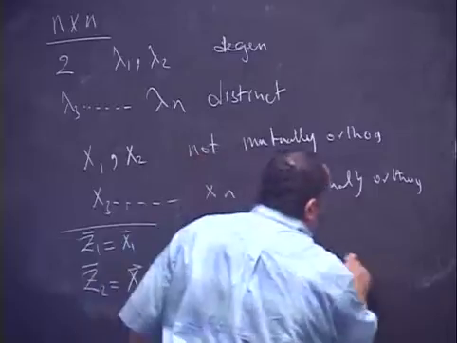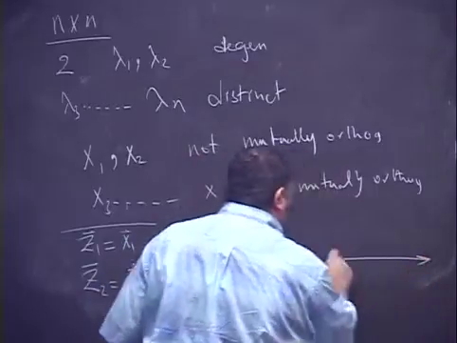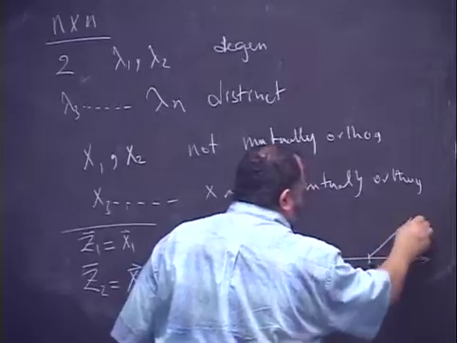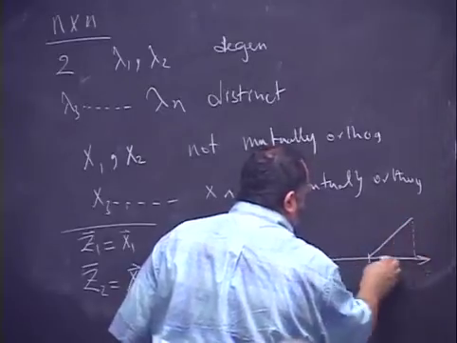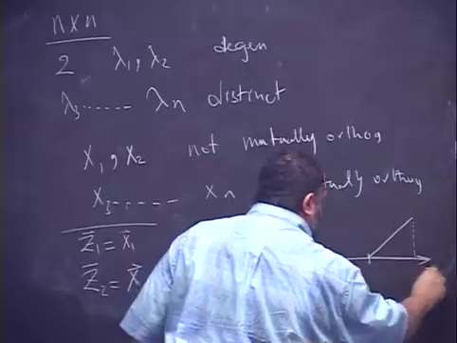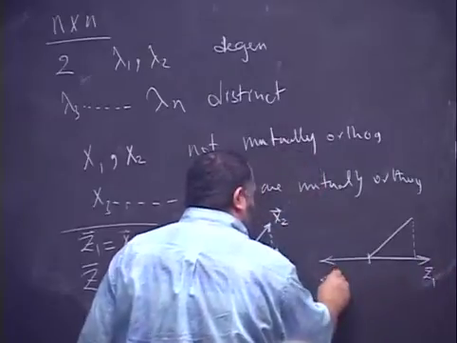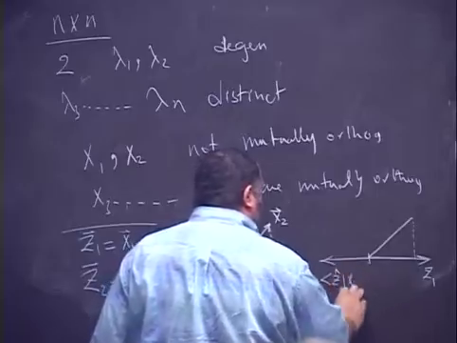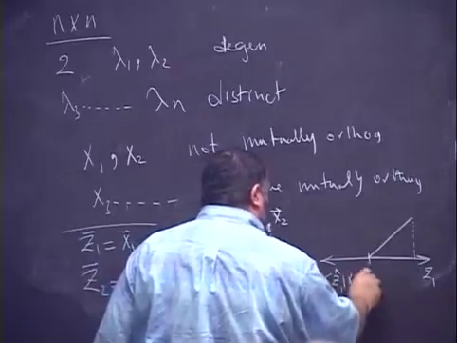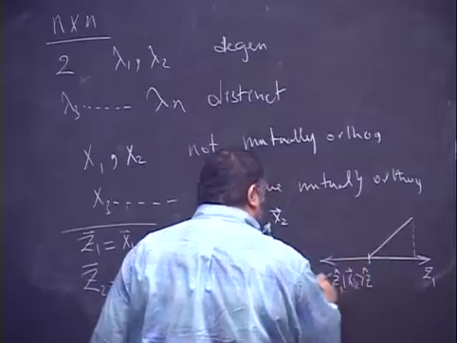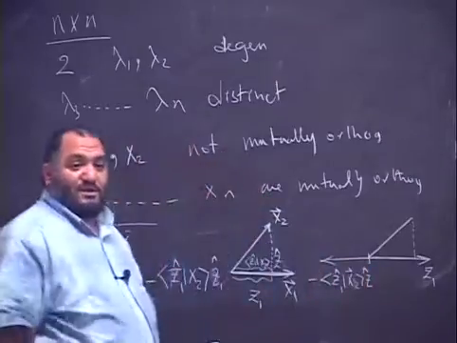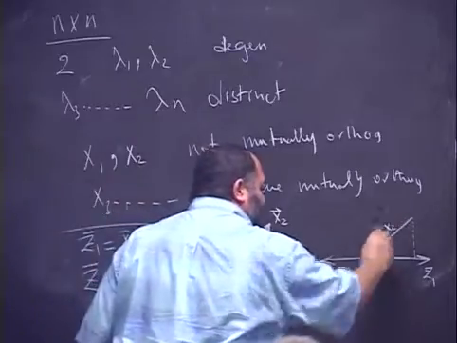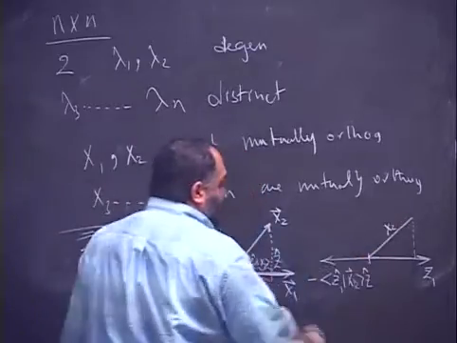So this is z1, and this is x2, and the projection is in the direction of z1 but in the negative direction here. Yes? So now what's this?